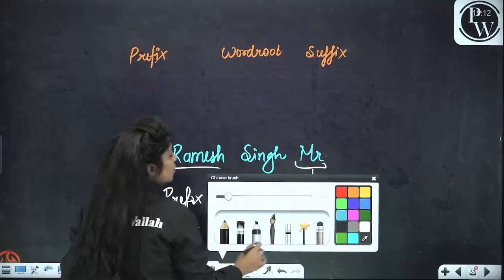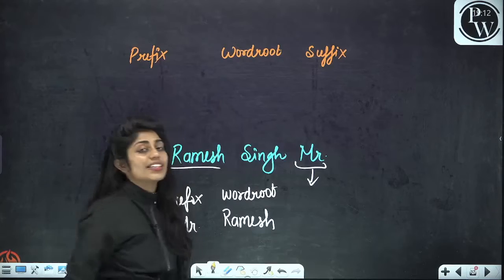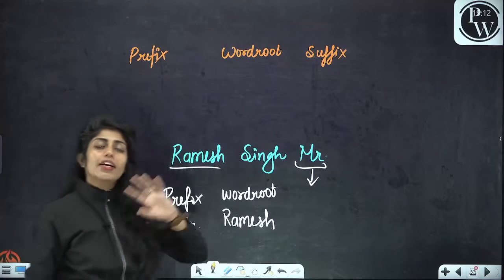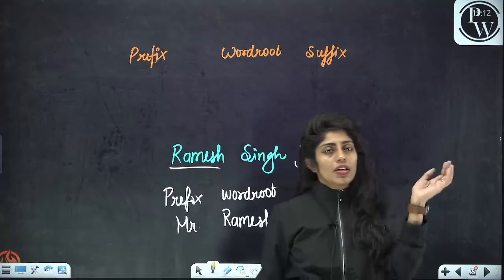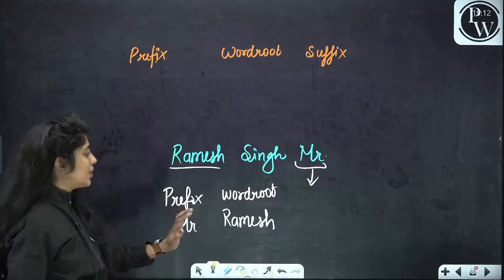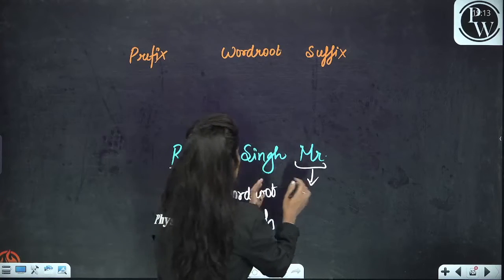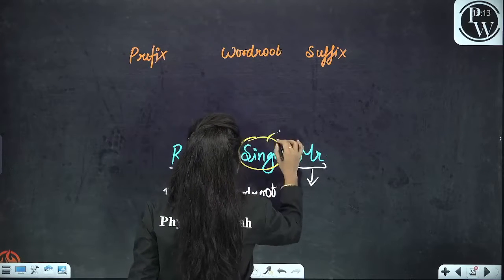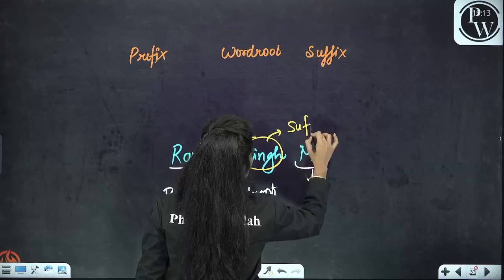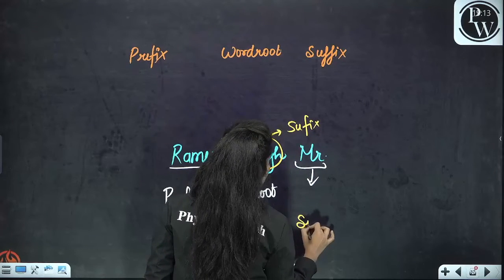Okay, the real name. Next we have Singh. Singh is the surname and that comes after your real name, like Rahul Khurana, Manish Kumar, etc. So Singh is the surname, that is your suffix. Are we good? That's your suffix, so I can write it here.